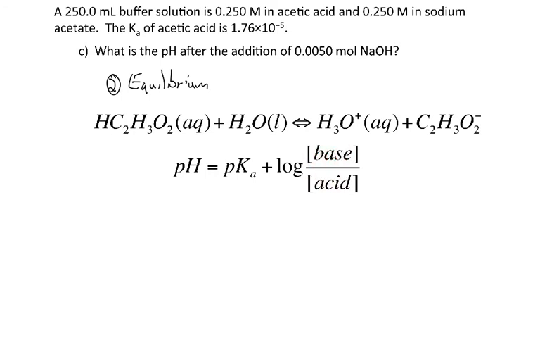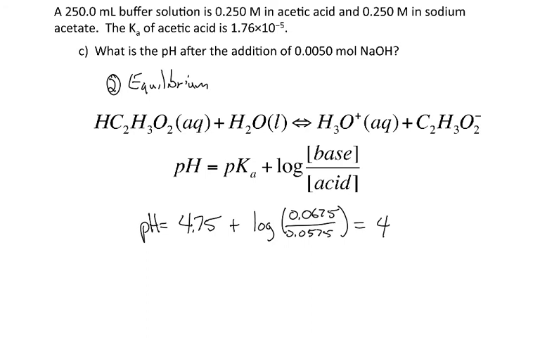So my new pH is going to be the pKa plus the log of 0.0675 for the base, 0.0575 for the acid, and my pH this time comes out to be 4.82. So it makes sense that I added strong base. My pH went up a little bit, but the buffer again did a pretty good job of resisting changes in the pH.